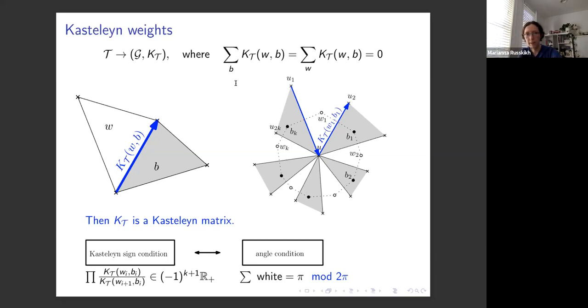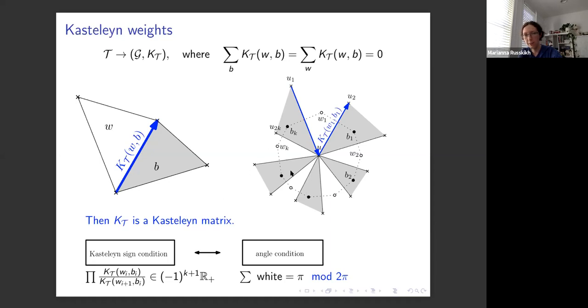Then recall that we want these weights to be Kasteleyn weights. What does it mean? We want to check that they satisfy the Kasteleyn sign condition, which is the following: the alternating product of weights along each face is positive or negative depending on the degree of the corresponding face.